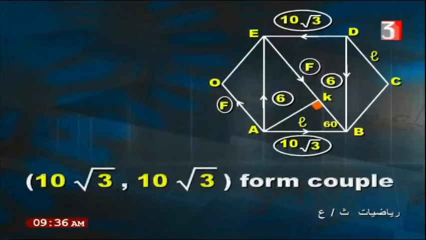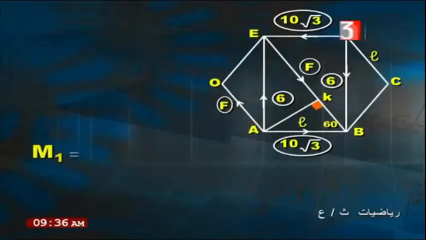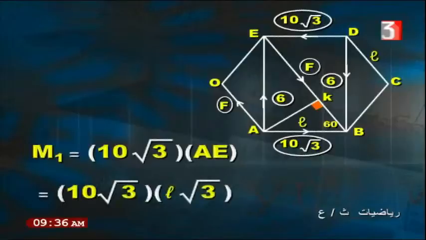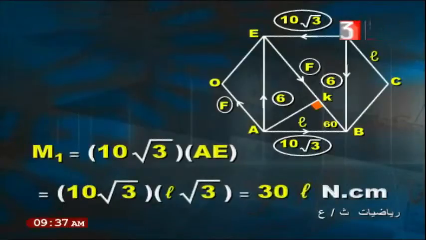Look at, my dear students, 10 root 3, 10 root 3 form a couple. The moment of this couple equals F times L, or F times the distance. What is the distance between the two forces? AE. Then 10 root 3 times L root 3 equals what? 30 L Newton centimeter.